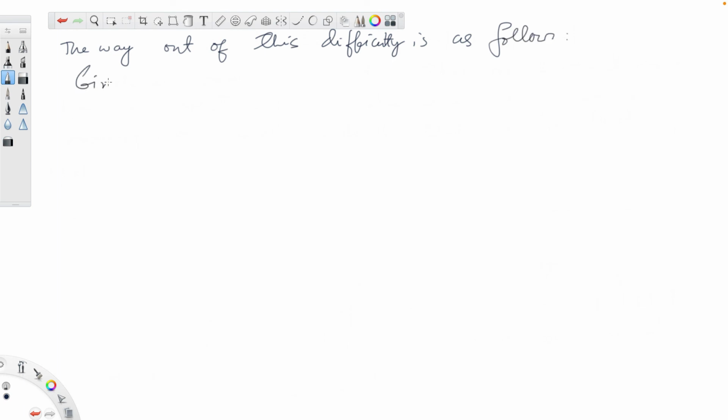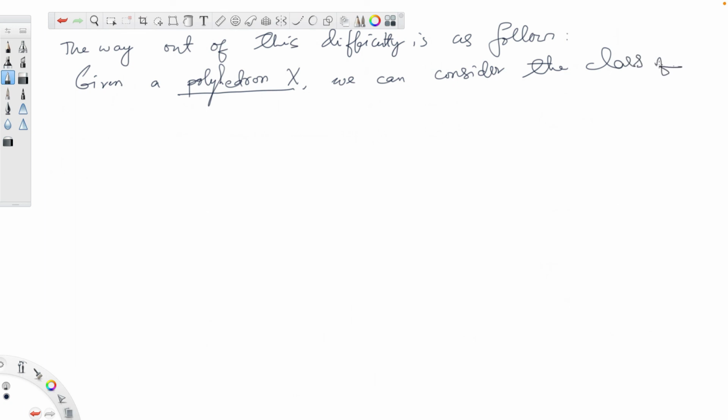Given a polyhedron X, we can consider the class of all simplicial complexes that have X as their polytopes.